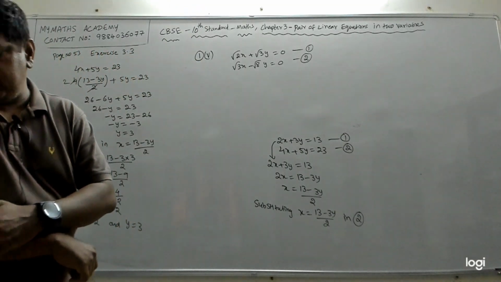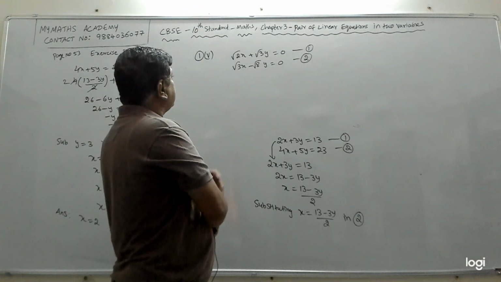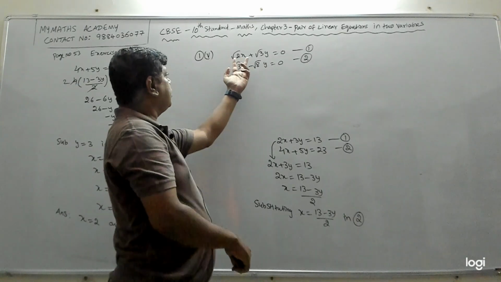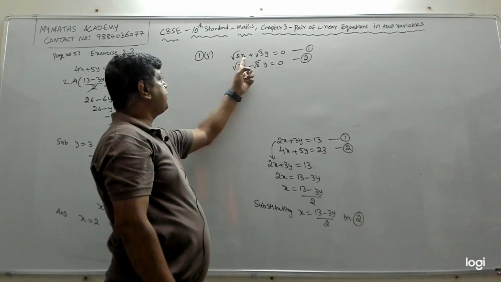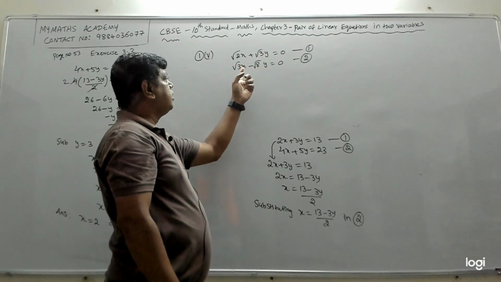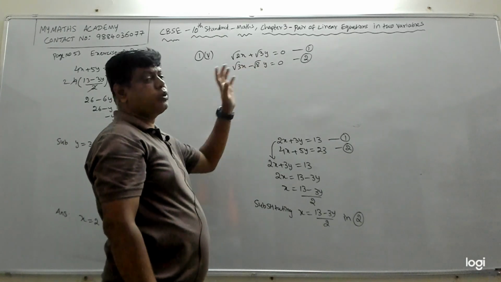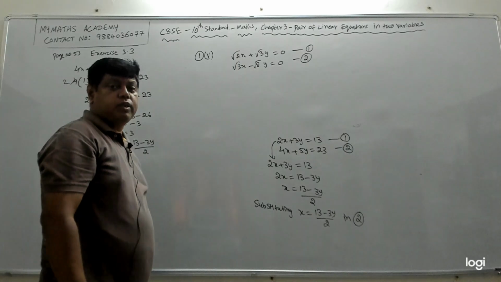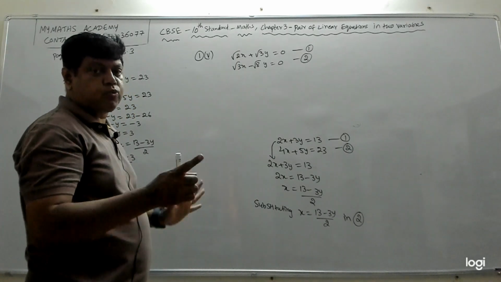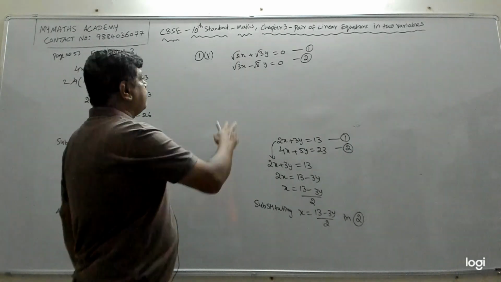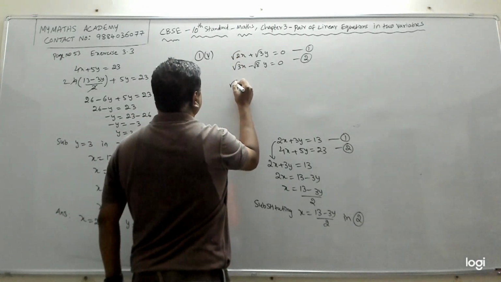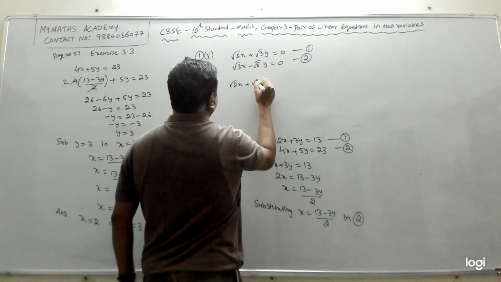Now we will have to see which coefficient is 1. Coefficient of x is root 2, coefficient of y is root 3. Here coefficient of x is root 3, coefficient of y is root 8. None of them has coefficient 1 here. So which means we can take any equation. We'll generally take the first equation. So root 2x plus root 3y equal to 0.